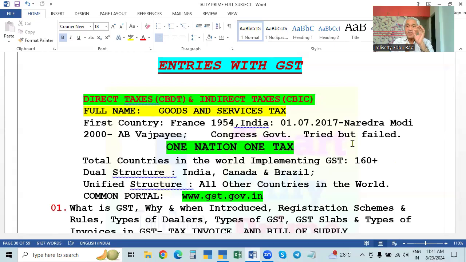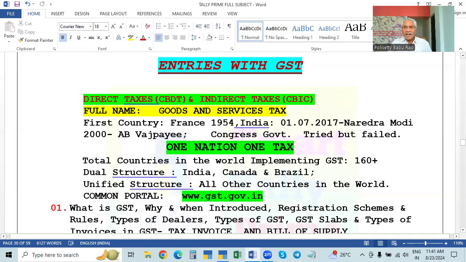It is also a state tax. So every state will have their VAT act, like the General Sales Tax Act. Every state will charge the VAT, but the rates and everything depend on the states. These are all the indirect taxes.